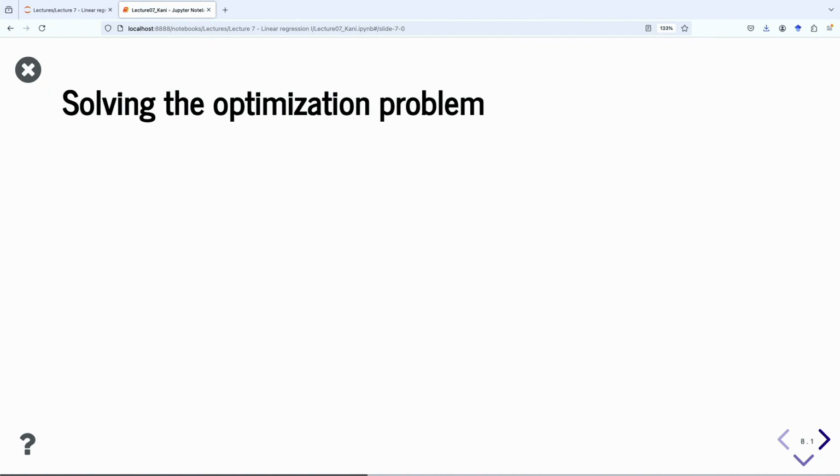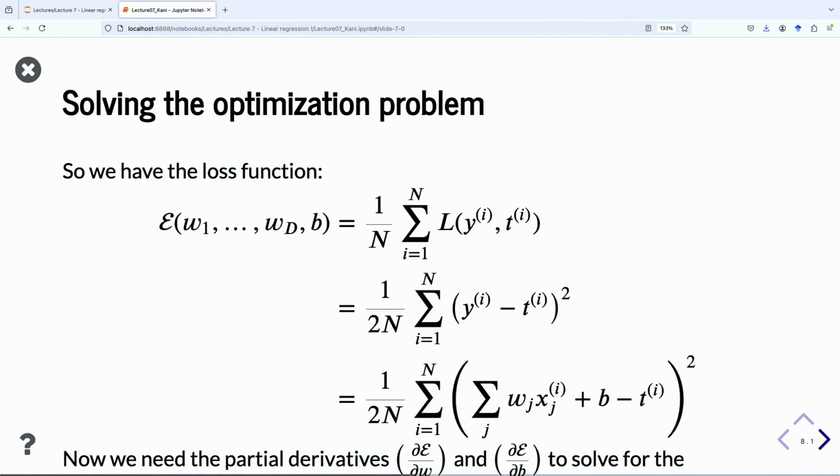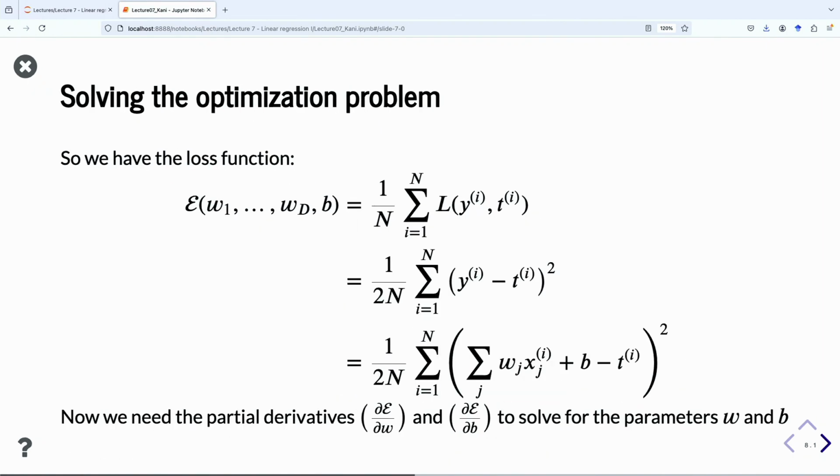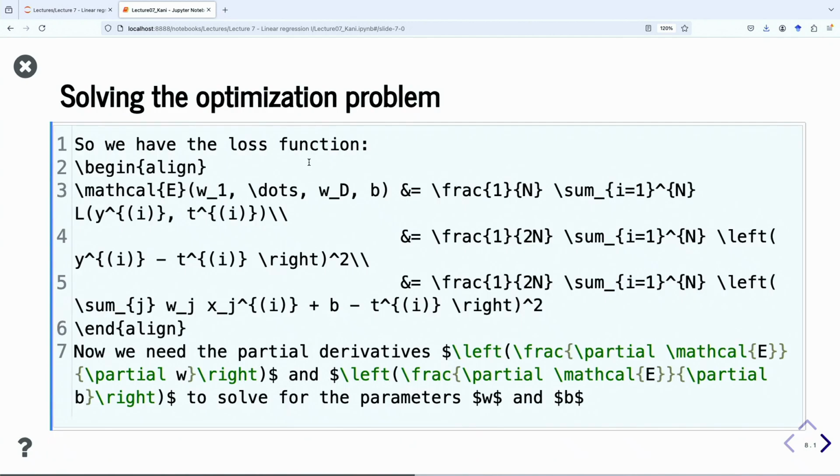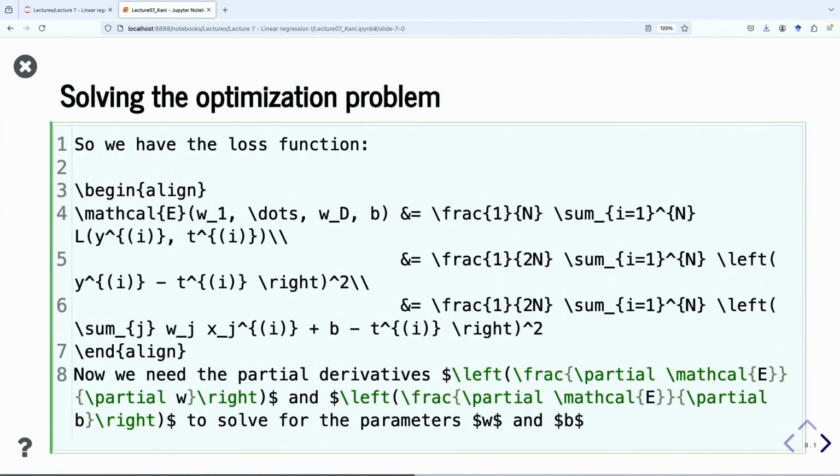So let's solve it, and let's start off, as we always do, with lots of notation. We have a loss function, and this is the generalized loss function. This will become relevant next week when we talk about multi-dimensional linear regression. Let me write this out.